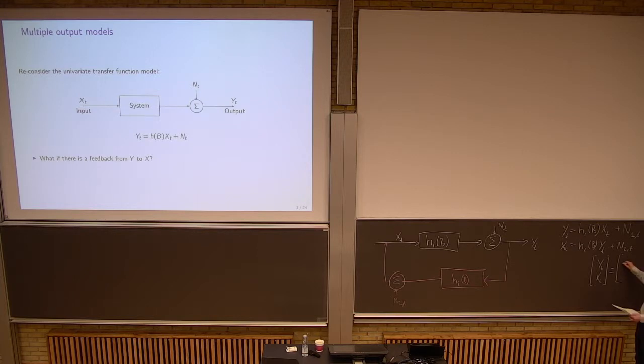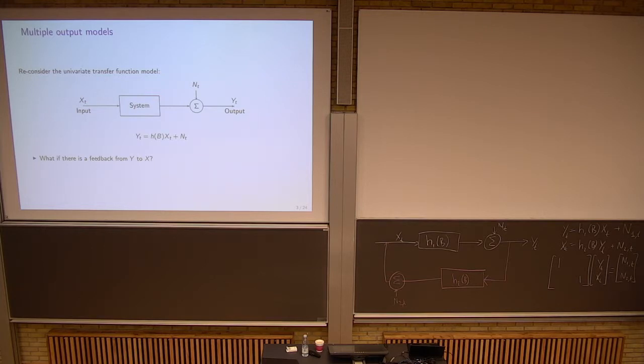And then what I have as noise out here is n1,t and n2,t. Then on the left-hand side, well, what I had already was a yt. So I need to have that again. So I need to have a 1 there. And then I have xt there. So I need to have a 1 there. That was the easy part.